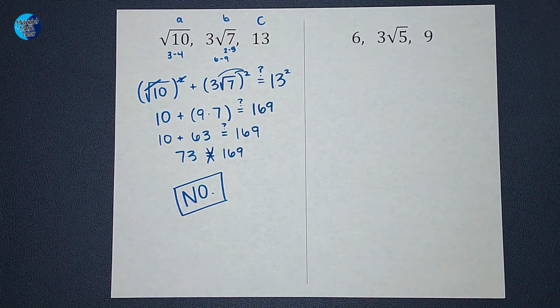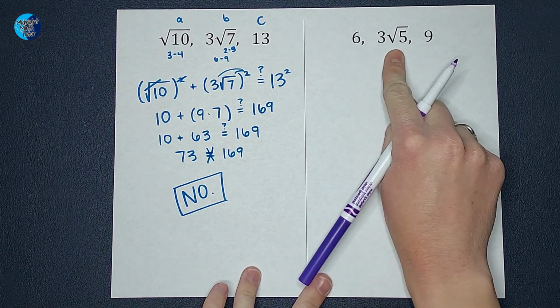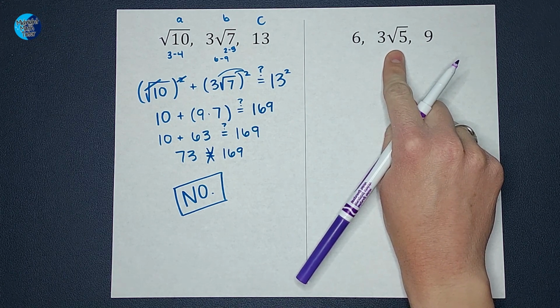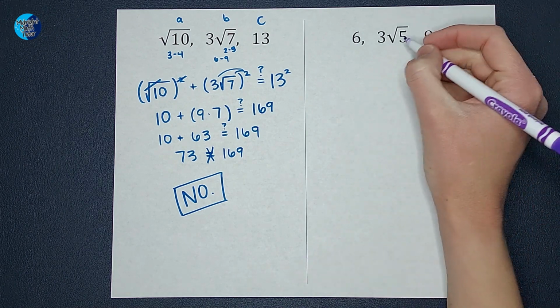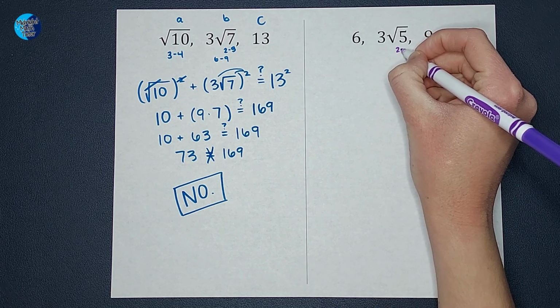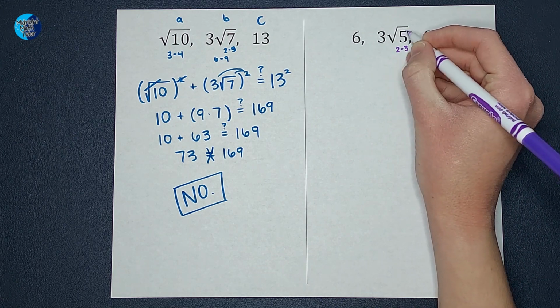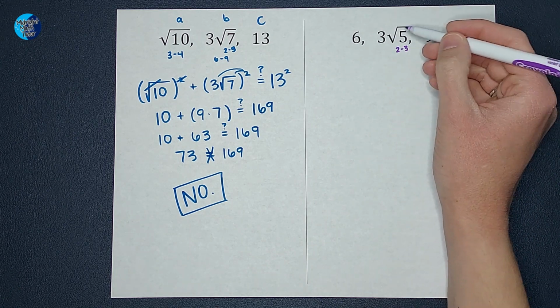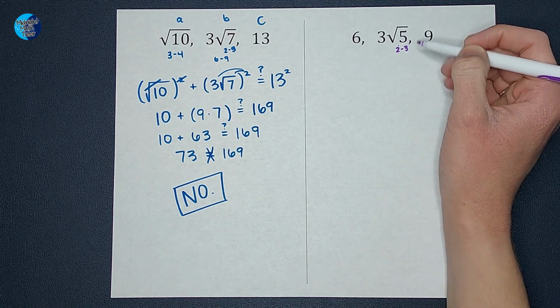We've got 6, 3 square roots of 5, and 9. So again, let's figure out which one of these is the longest side, or C. We've got 6, 3 square roots of 5. Let's see, I know the square root of 5 is going to be somewhere between 2 and 3, right? Because 2 times 2 is 4 and 3 times 3 is 9, so definitely closer to the 2 side.